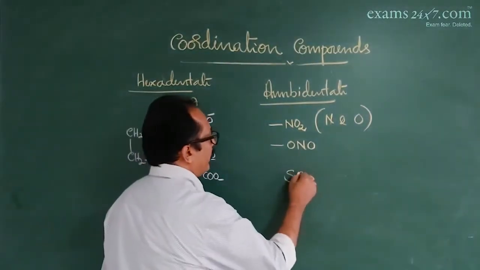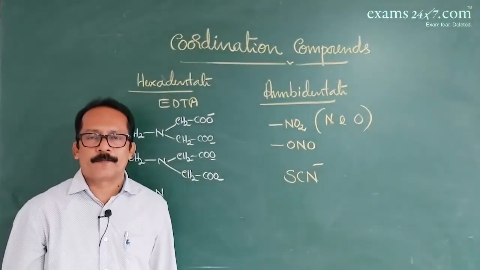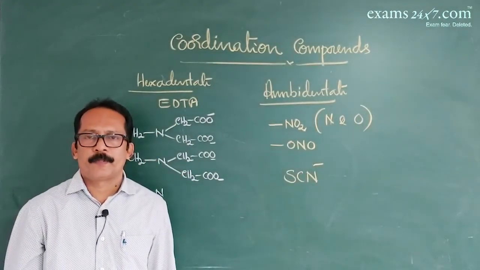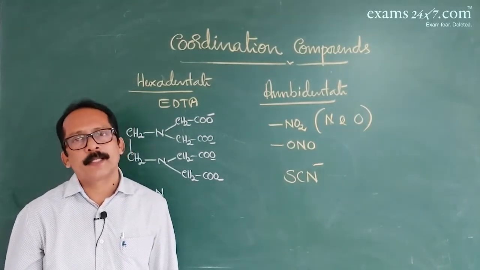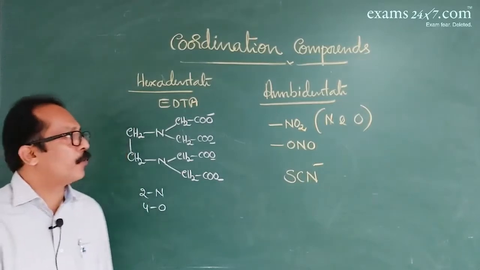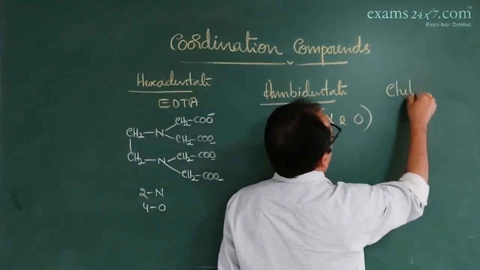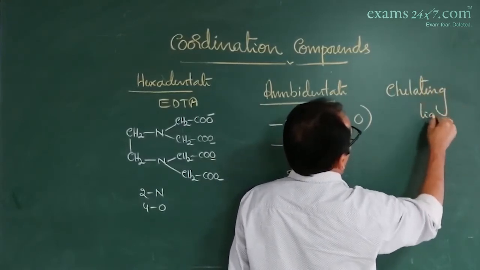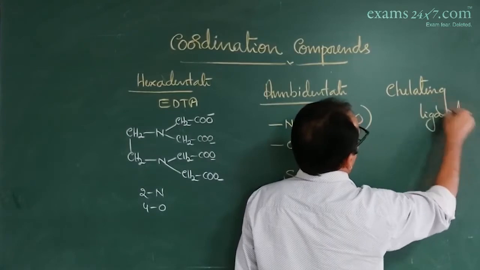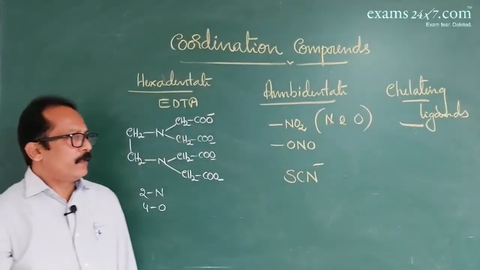Similarly, one more example for ambidentate ligand, thiocyanide ion. This also contains two donor atoms, sulfur as well as nitrogen. So, it is an example for ambidentate ligand. And one more type of ligands are called chelating ligands.